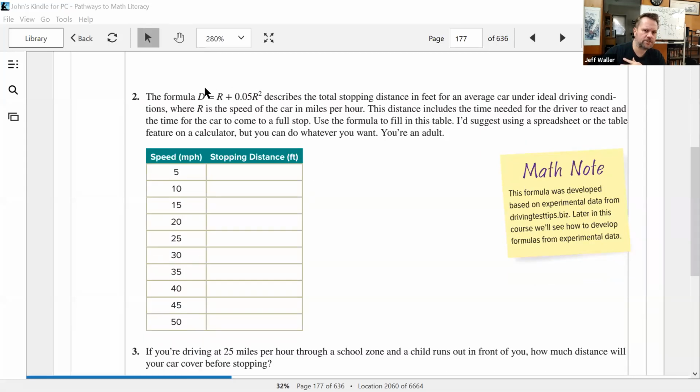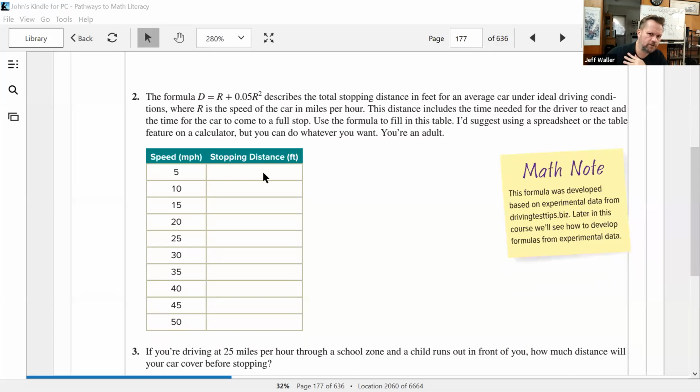But this is just like that problem we did where they give you, where would I put 5? What is, in this formula, what does D mean? What does R mean? Distance and rate. Yeah, D is the stopping distance and R is the speed.